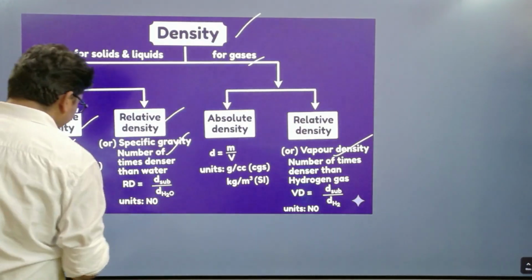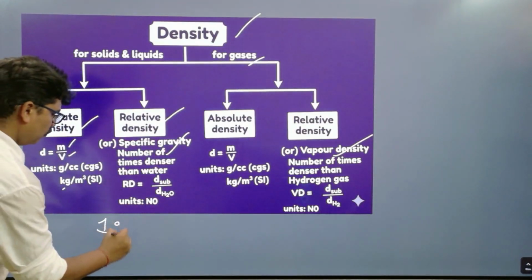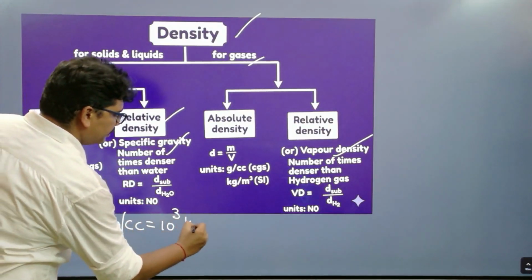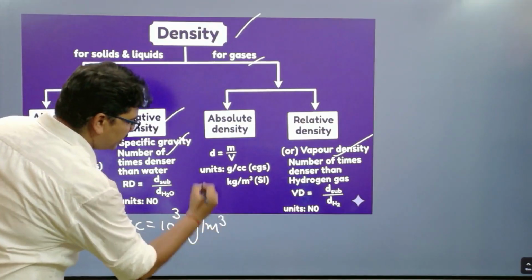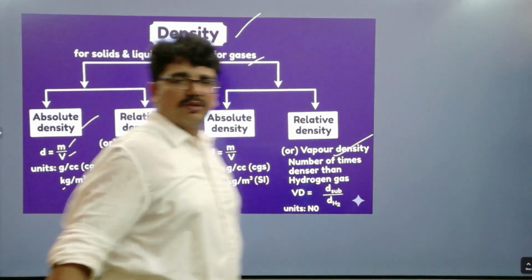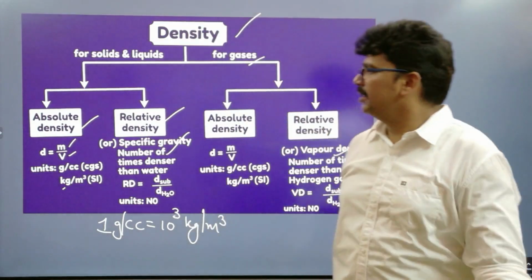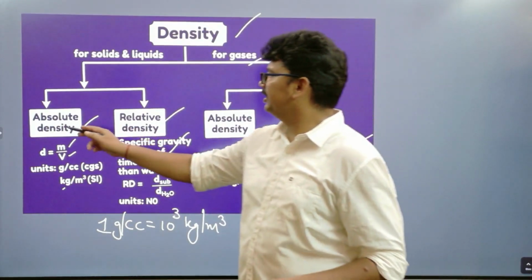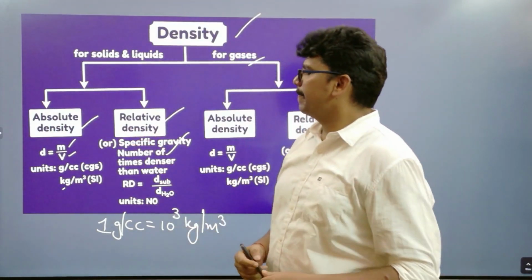Here, conversion units. 1 gram per cc is equal to 10 cube kg per meter cube, 1000 kg per meter cube. Useful for conversions.